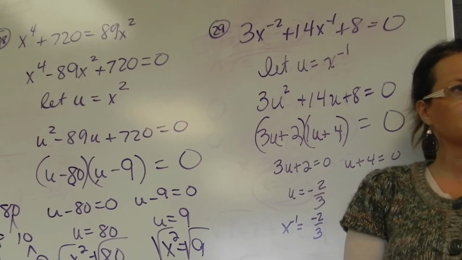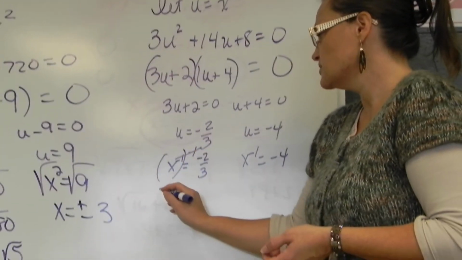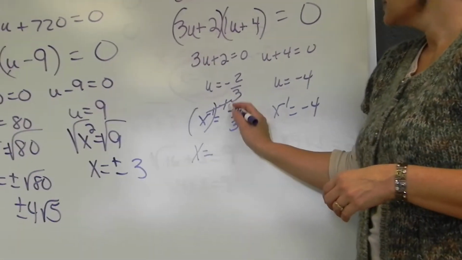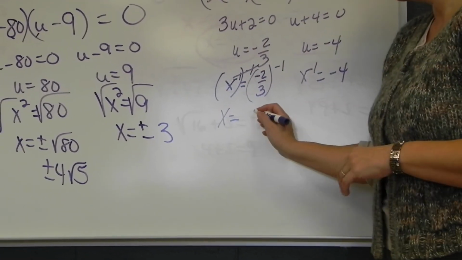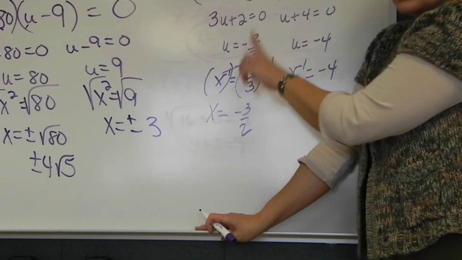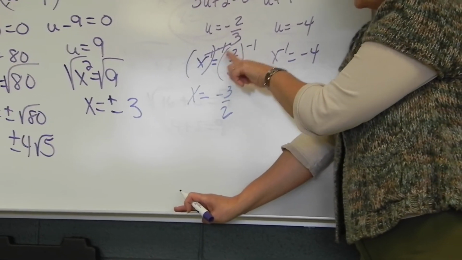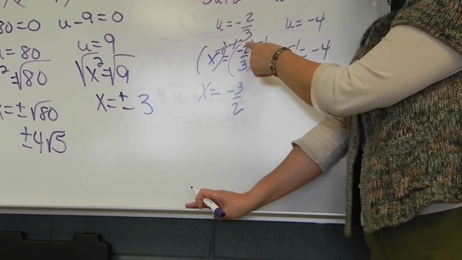So x to the negative 1 equals negative 2/3 and negative 4. And then to fix that situation, a negative 1 to a negative 1 makes x to the positive 1, or just x. So we also take this side to the negative 1, and negative powers flip the fraction. Okay, now they did not change the sign of the fraction, though, so make a good note on this. Negative 2/3 is still negative, it's just flipped, okay?